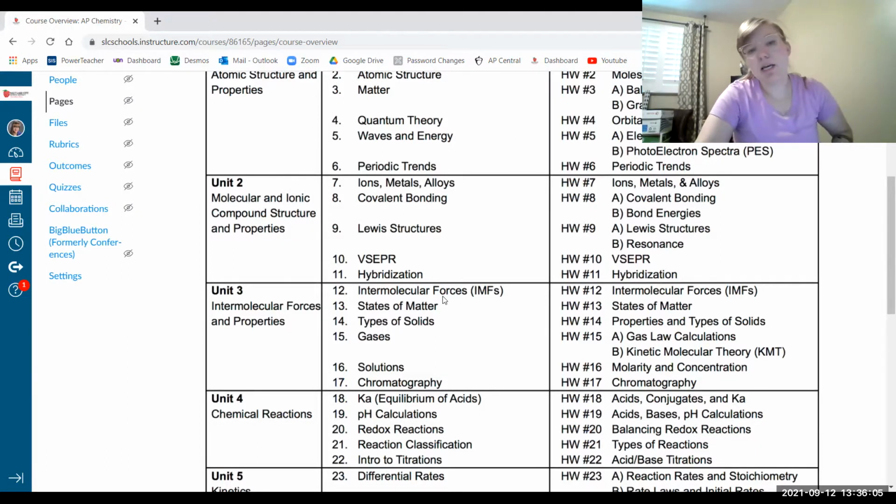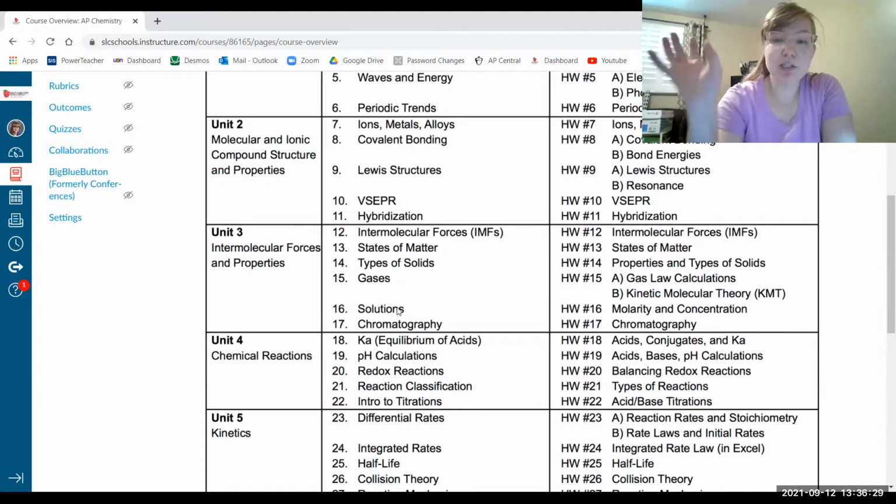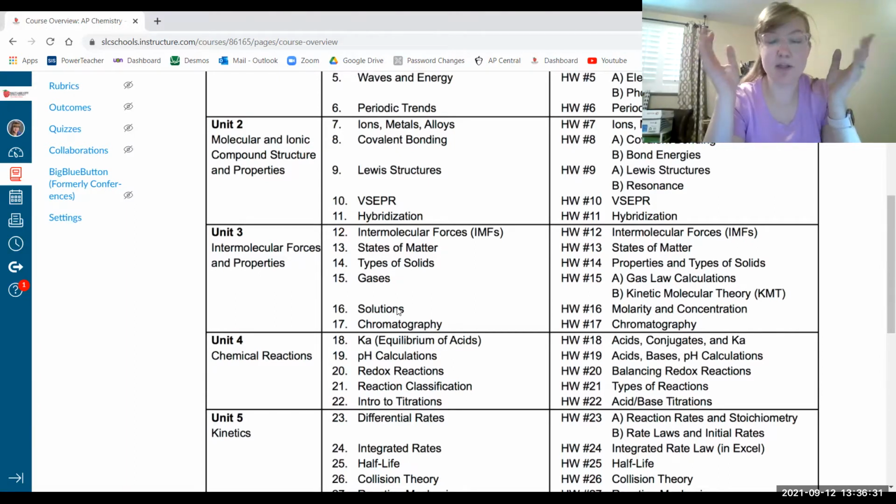You'll notice that in this unit, states of matter is 13, and then 14 is solids, 15 is gases. We don't actually deal with liquids like at all, but we do deal with solutions. And a solution and a liquid, they're different, right?